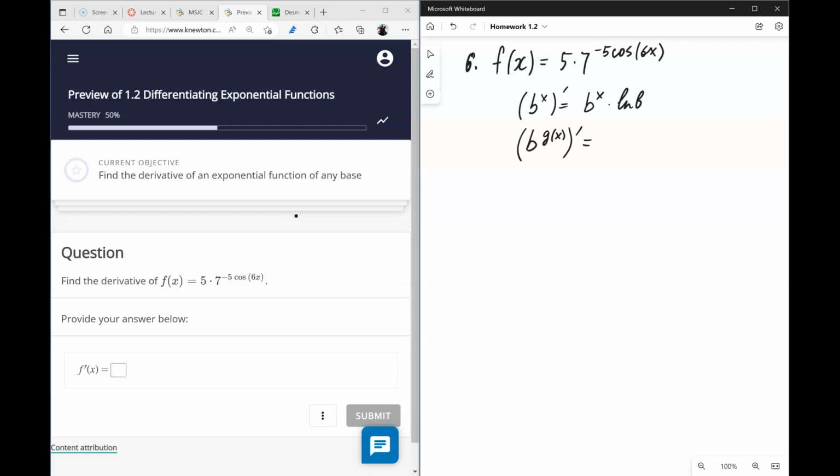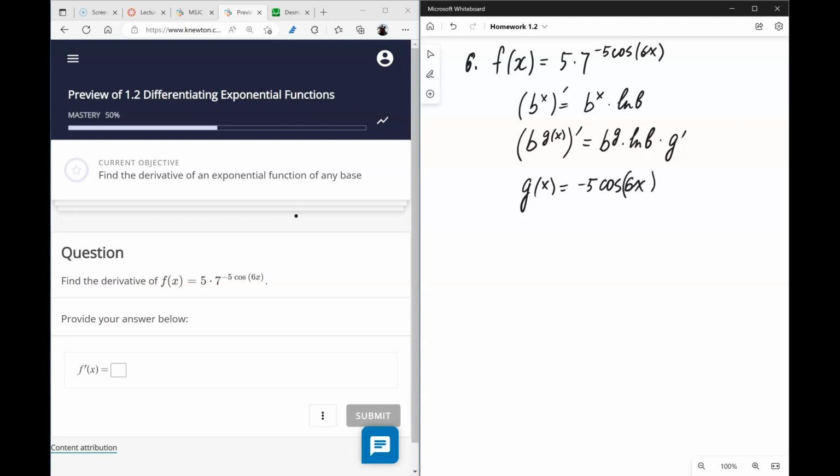So derivative of this function will be derivative of the exponential, so it's going to be b to the power g times ln b. And then we're going to multiply by the derivative of g because of the chain rule. So in our case, g is negative 5 cosine 6x.